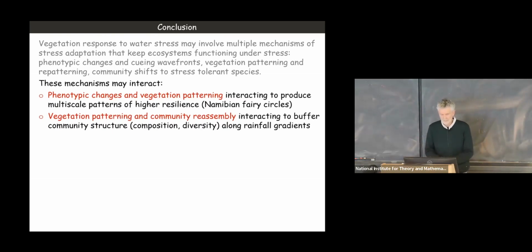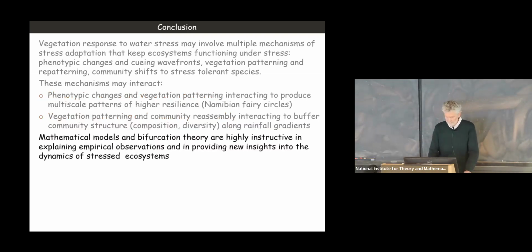We saw two examples: phenotypic changes and vegetation patterning, which interact to produce multiscale patterns of higher resilience, and vegetation patterning and community reassembly, which interact to give this behavior of community structure that remains unchanged over wide precipitation ranges.